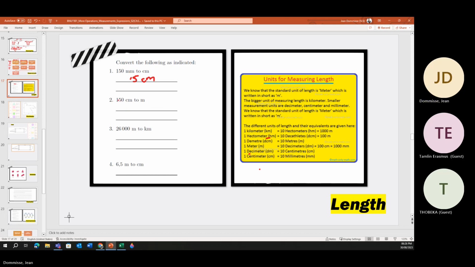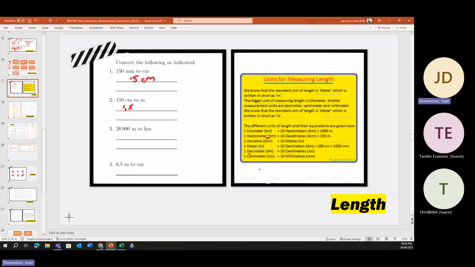Okay, so 150 centimeters to meters. 100 centimeters will be 1 meter, so 150 centimeters will be 1.5 meters.